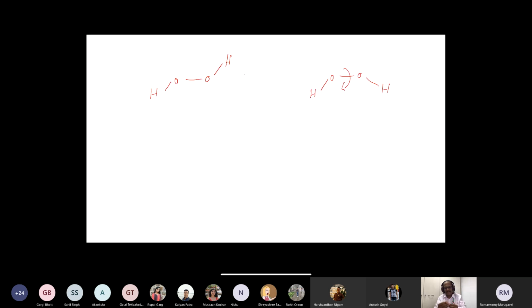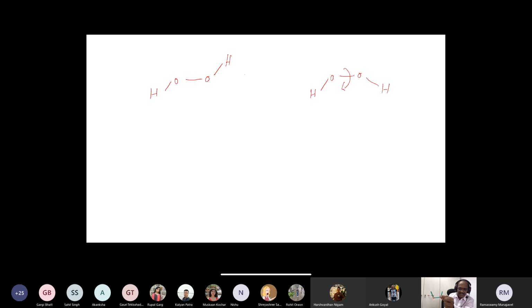So this is the two isomers I'm talking about. This is the cis isomer. Now you can see this. I can rotate about this axis and then bring it to trans, right? So this is a trans. This is a torsion. I can bring it to here, then it becomes cis.